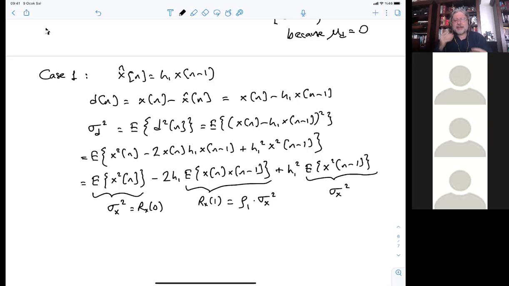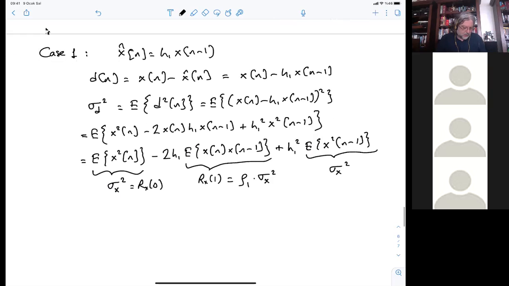It's negatively related. Like if x of n minus 1 is a value, let's say a, then x of n is minus a, the negative of that. Whatever your past is, right now I'm the negative of it. It is a negative correlation, but it's a strong correlation. It's not uncorrelatedness. All right. So rho 1 is between plus and minus 1.